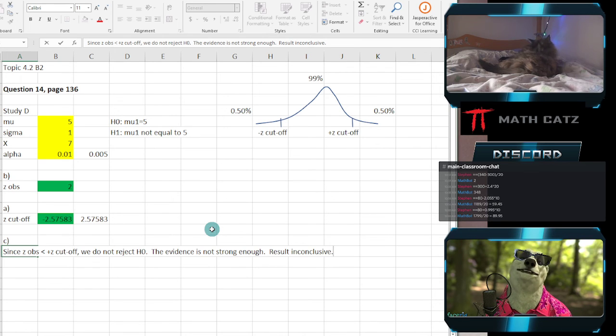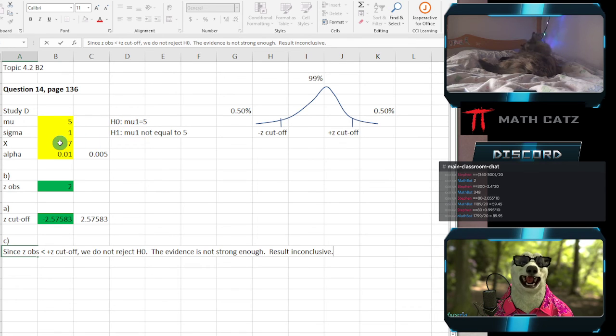It may not be 5. It may be just a little bit different than 5. We don't know. We can only go on the evidence, and the evidence does not suggest that the mean is anything else. Under this mean of 5, I can get scores of 7.